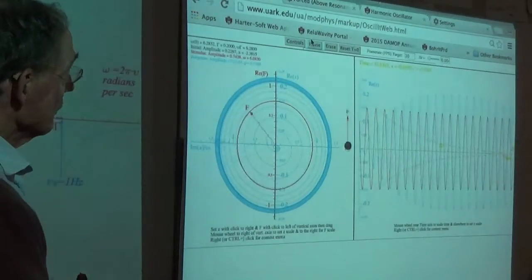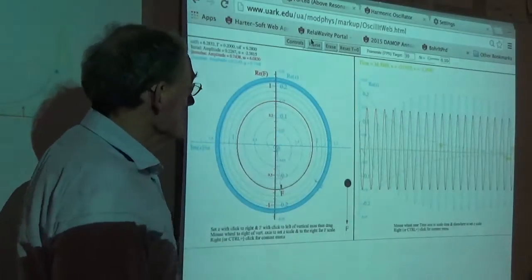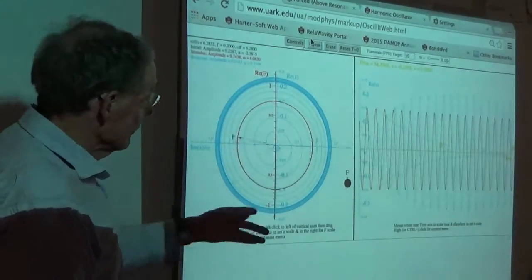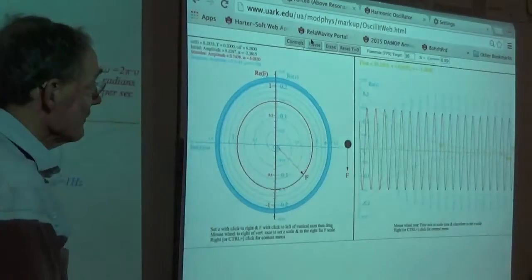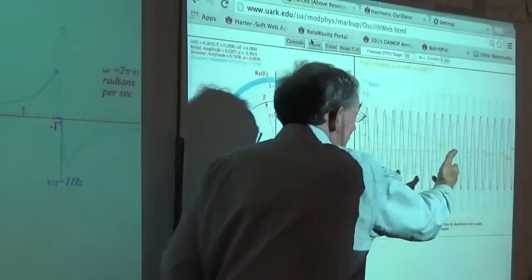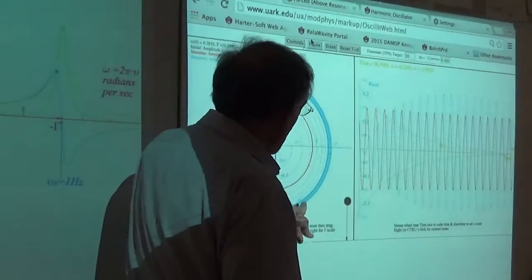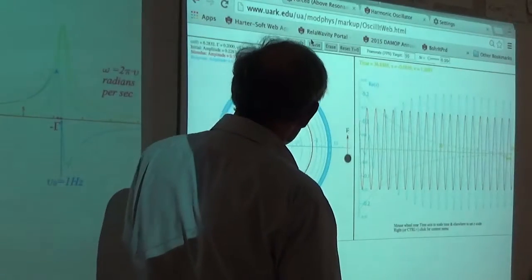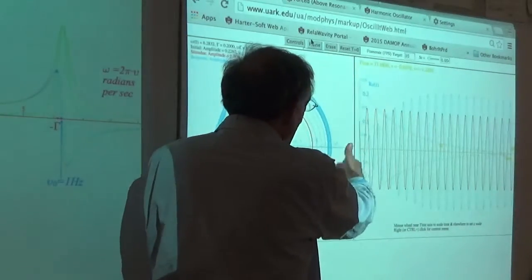So the phase lag is the thing that determines how much work is being transmitted to this object here by the force. But by the time you've reached the 95% and gone past it, that work is not doing anything to increase the oscillation amplitude.